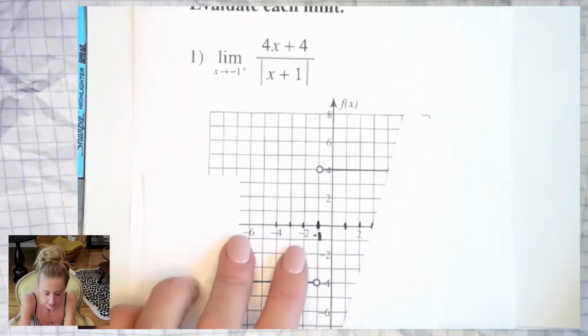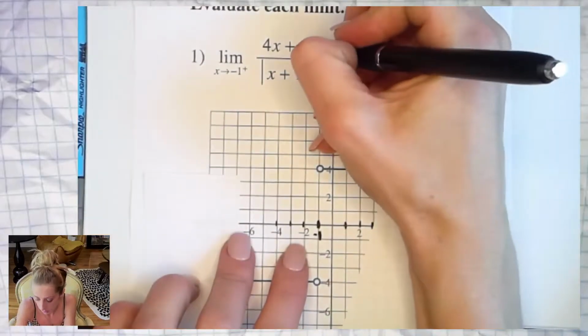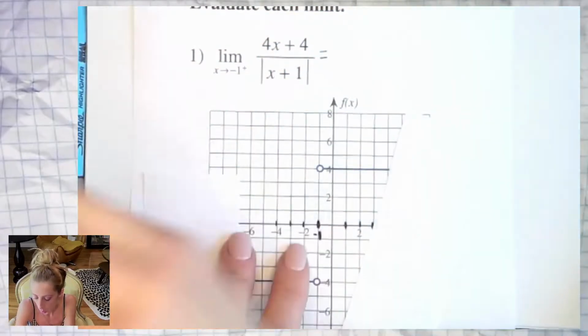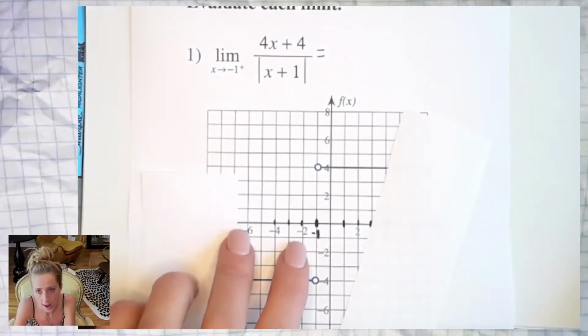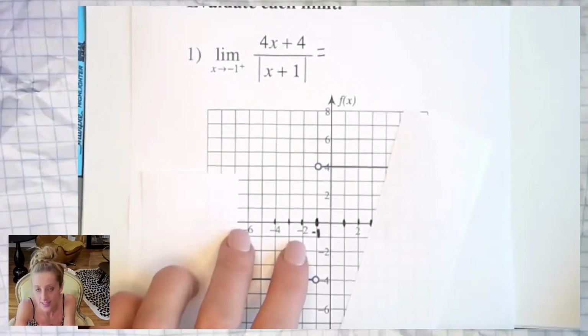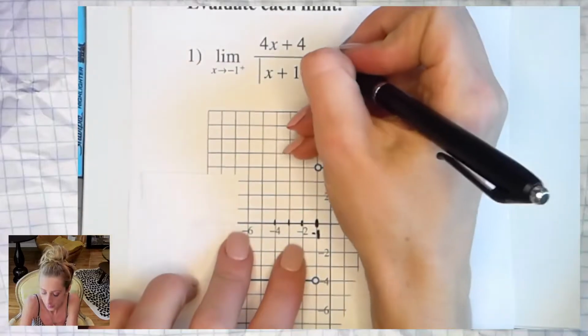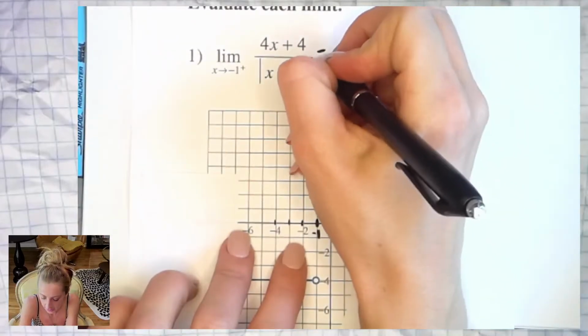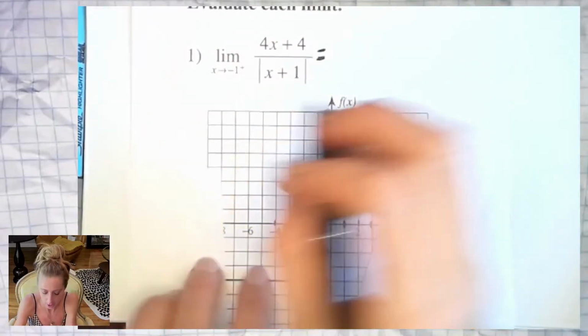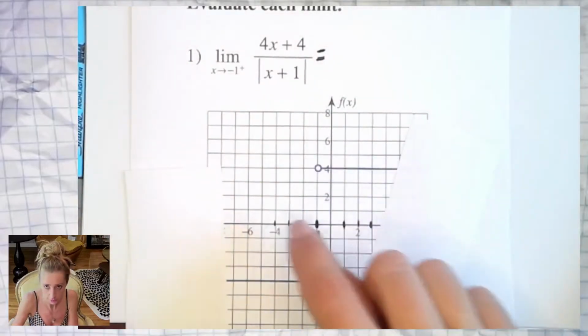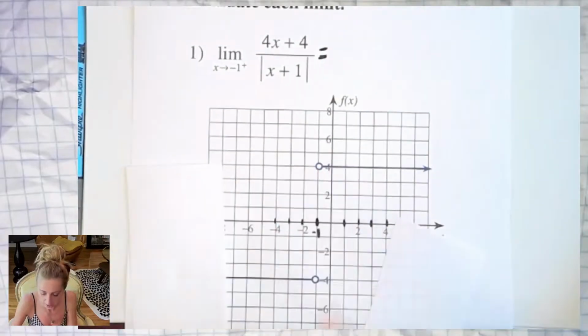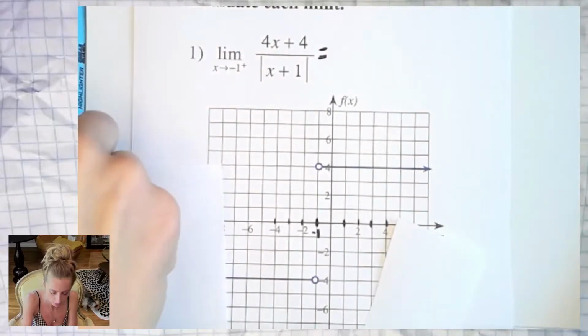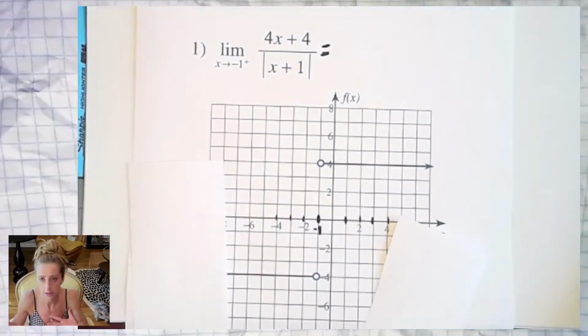And the limit is only asking you, well, if we're coming from the right side, what is the y value or the output? What is the function approaching? So you don't have to get there, as indicated even by this big open circle right over here. We don't have to actually reach the point. That's not what it's about. It's just about what does it look like you're getting closer and closer and closer to for a y value.